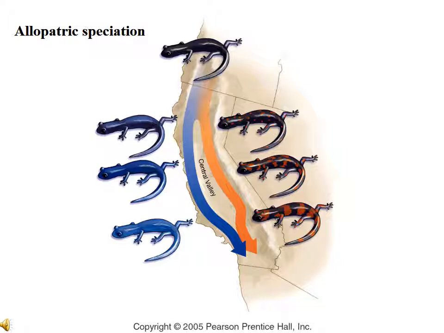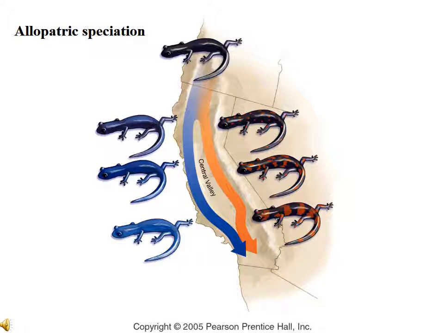This barrier resulted in the formation of two new species, because on the west side, the species evolved that could meet the environmental barriers, and on the right side, a little different species evolved that could best adjust to its environmental challenges.